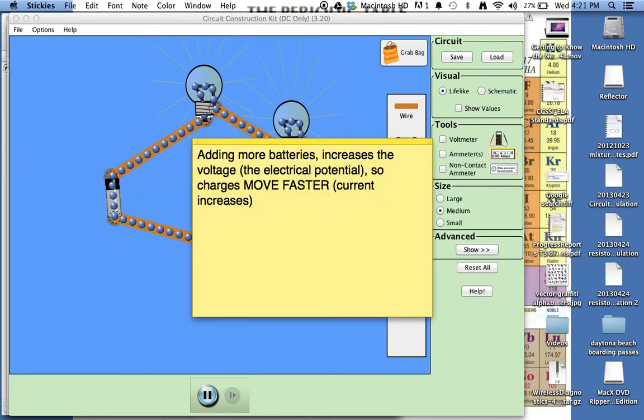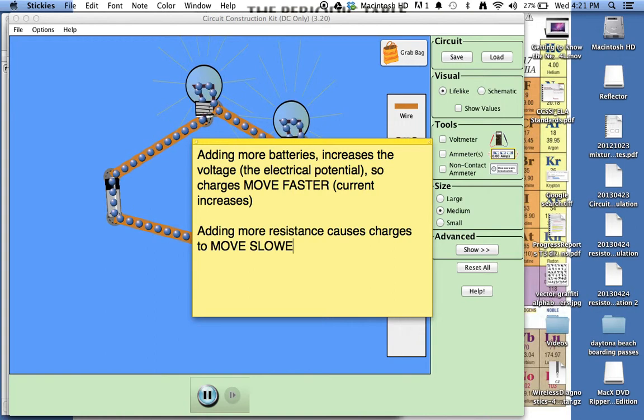So again, adding more resistance causes charges to move slower, so the current decreases.